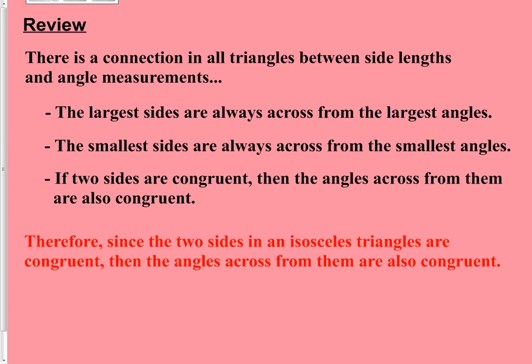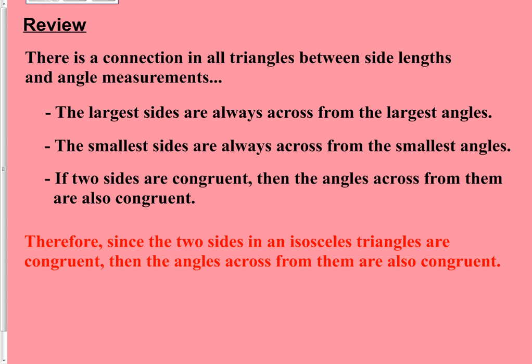Okay. Now, we'd already talked about that there was a connection between the side lengths and the angle measurements in a triangle, and that connection would be that the largest side length and the largest angle measurement are always across from each other in the triangle, and so forth with the smallest angle and the smallest side in the triangle, always across from each other.